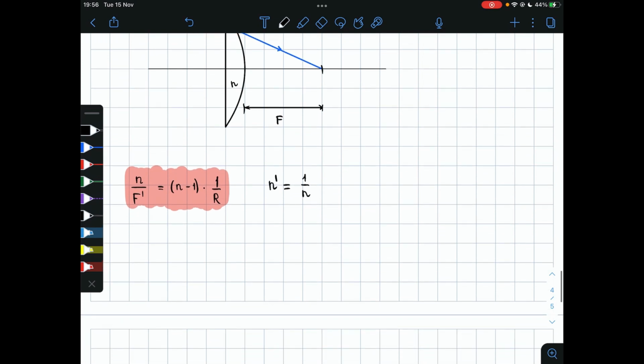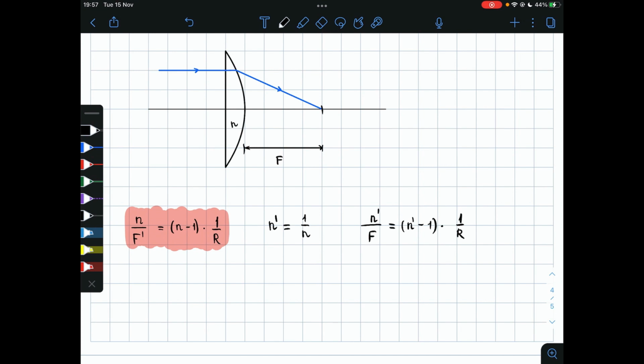So I can write here n prime multiplied by f is equal to n minus 1 multiplied by 1 divided by r, where r is the radius of curvature of our second surface.